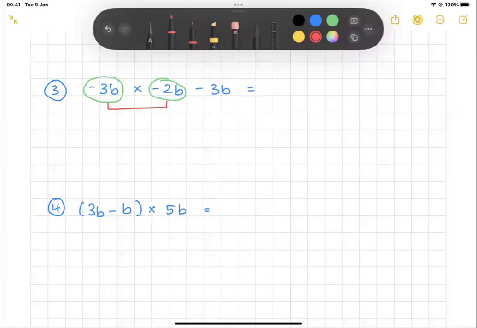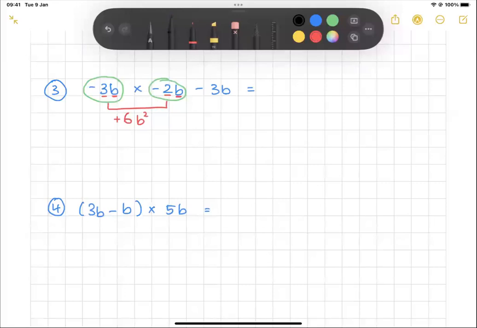Let's do the numbers first. 3 times 2 equals 6. Then I have a negative number and a negative number, and they're multiplied together. Are the signs the same? Yes. If they're the exact same, my answer needs to be positive. Then what's b times b? B times b, you guys should know, is b squared.